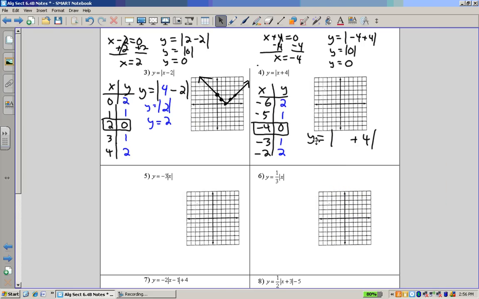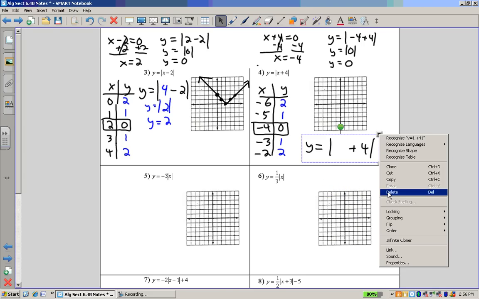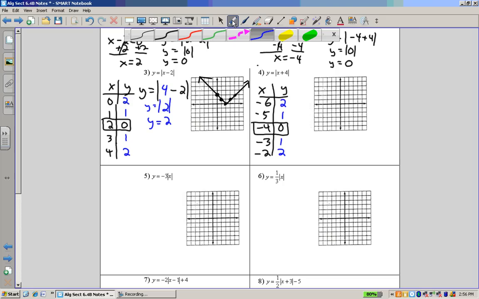And so I'm ready to graph. All right, -6, 2. -5, 1. -4, 0. -3, 1. -2, 2.